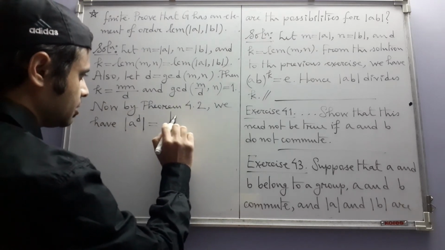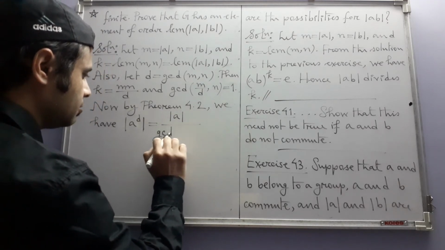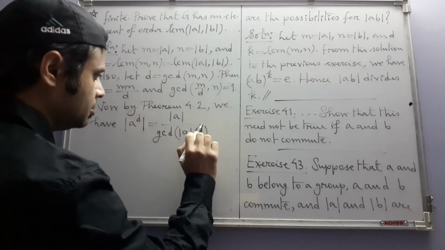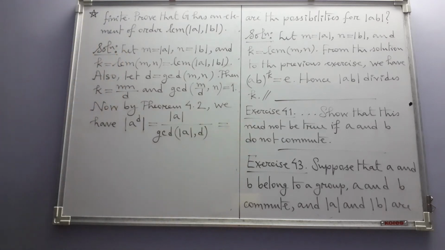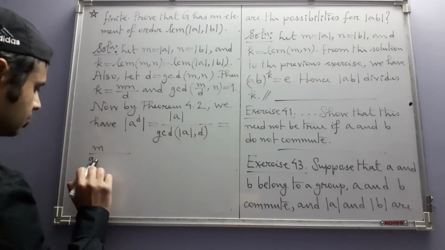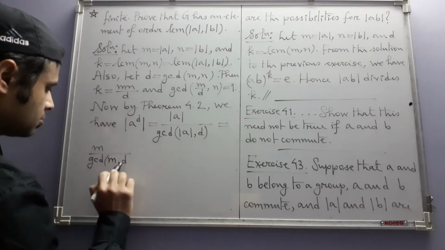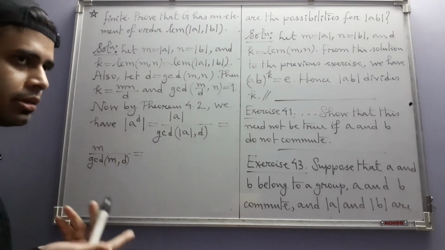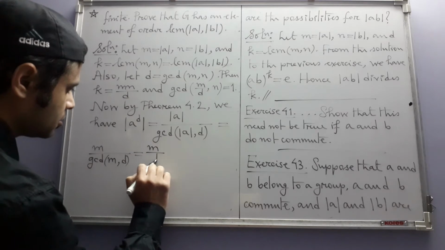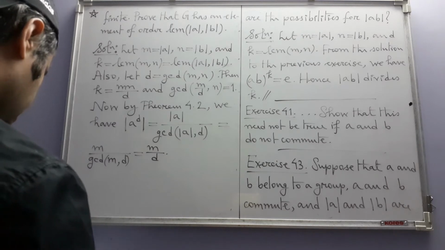We know by that theorem that this order is the order of a divided by the greatest common divisor of the order of a and d. Now this is equal to, the numerator is m, and the denominator is this. Now since d already divides m, the GCD is d. So this is equal to m by d.